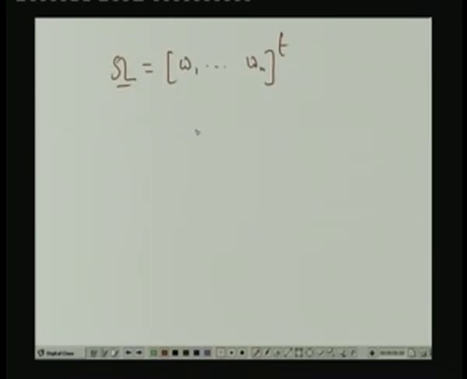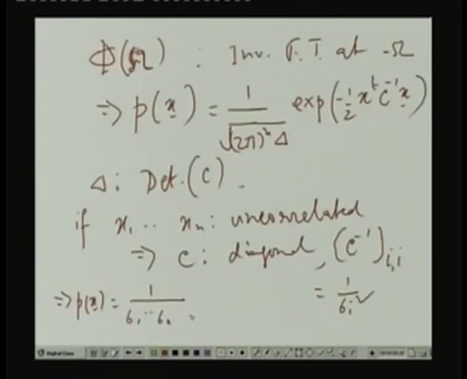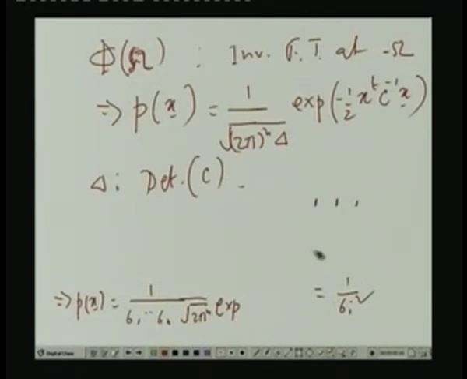The density is sigma 1 to sigma n, under (2 pi) to the power n square root, times exponential of minus x1 square by 2 sigma 1 square, minus x2 square by 2 sigma 2 square, dot dot dot, minus xn square by 2 sigma n square.